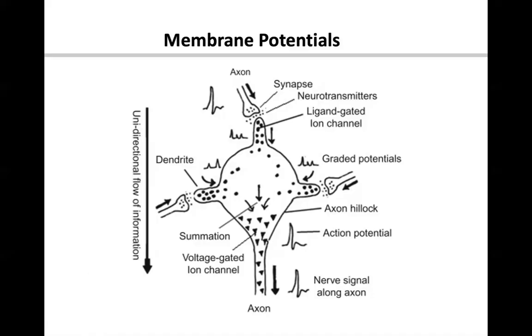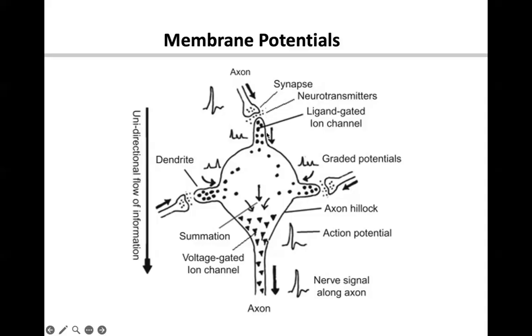The neuronal excitability, as I said, can take place by several methods. And here we are talking about neuron to neuron. This is one neuron. This is another neuron. This is the axon of the neuron. This is the axonal terminal. And this is the synaptic cleft where neurotransmitters are released.